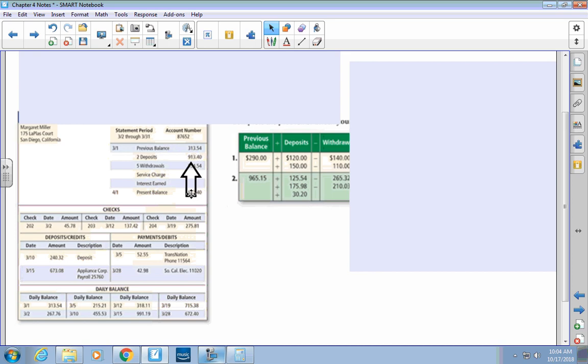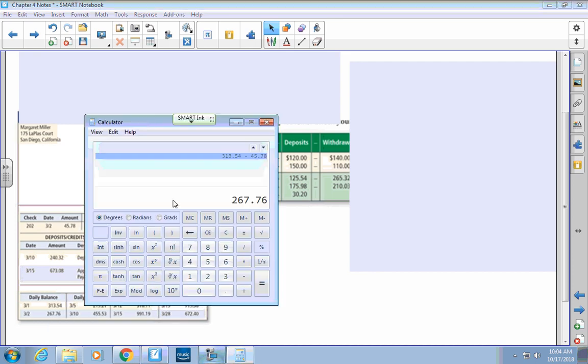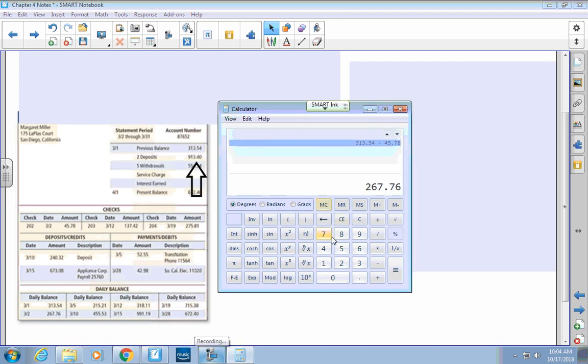So those two deposits were $913.40, and just to double check that, we'll add those together. $240.32 plus $673.08 and we get $913.40. So we're taking our previous balance, and is a deposit an add or a subtract? That's right, it's an add.